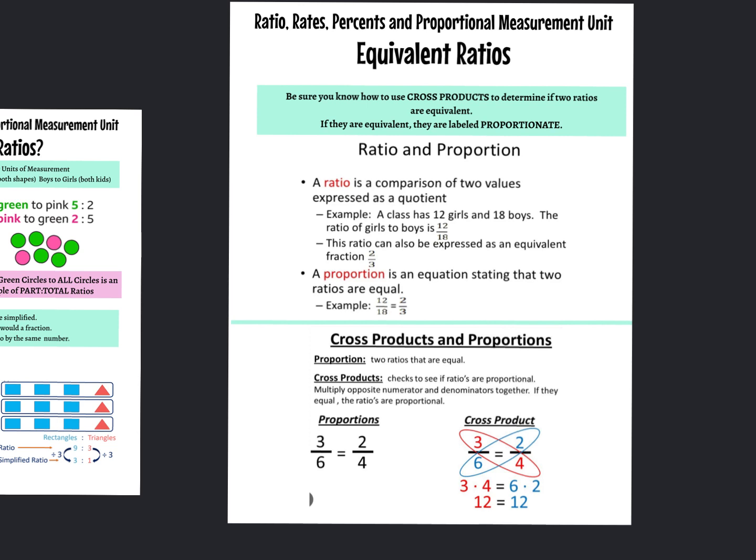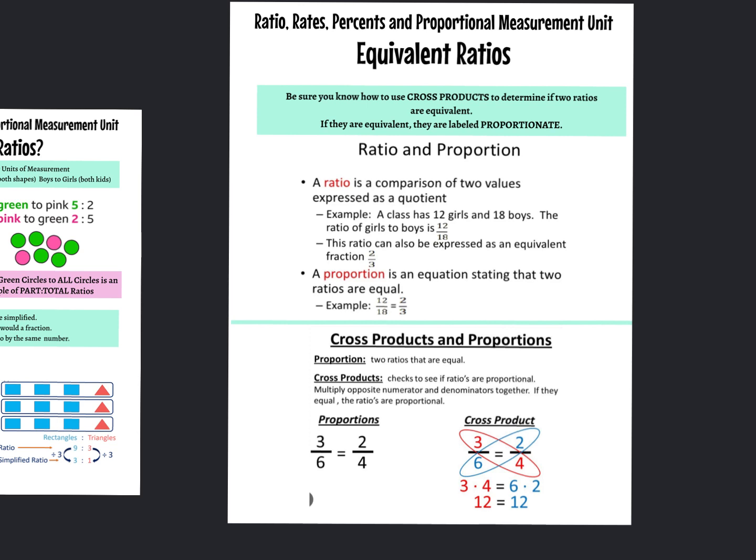If I give you 2 ratios, this is read as 3 to 6 is equal to 2 to 4. If we're trying to figure out if that's a true statement, are they really equal to one another, I'm going to multiply over and up, okay? So they call it cross products. I call it over and up just so you can remember the process. 6 times 2 gets me 12, right?